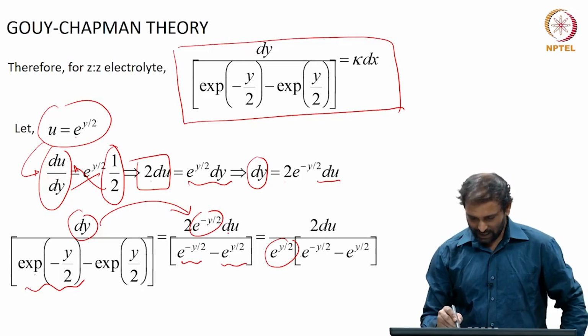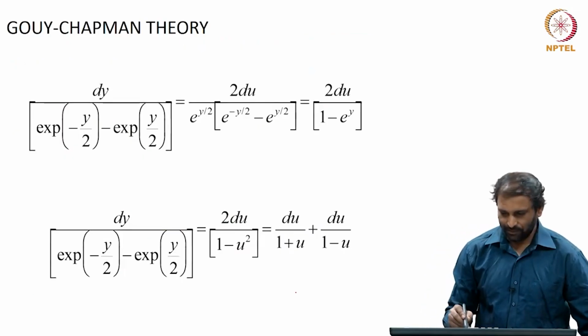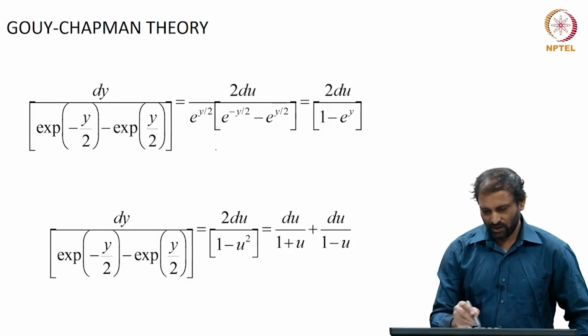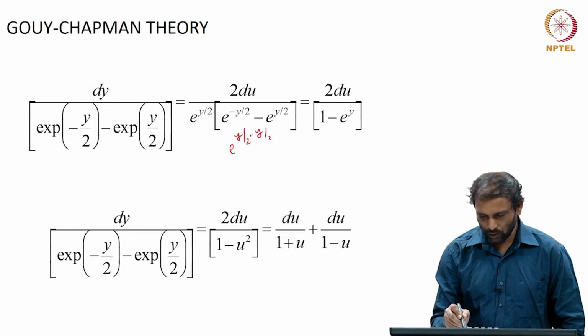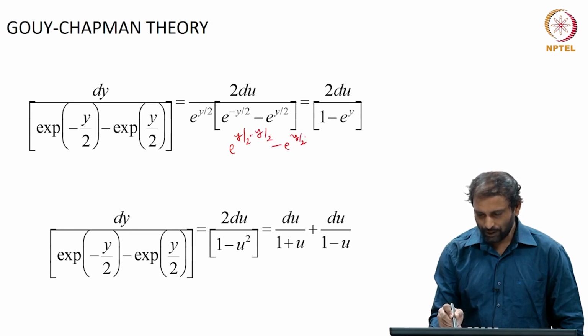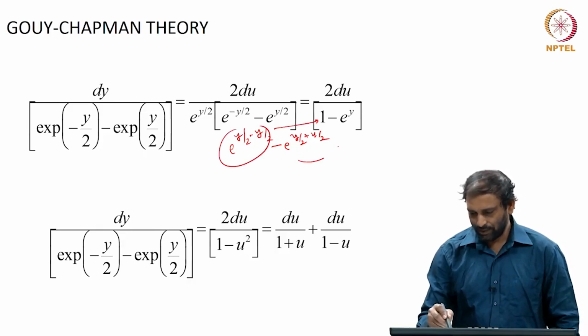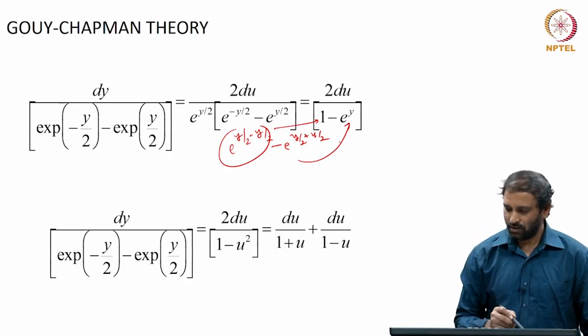If I take e power y by 2 inside the parenthesis, I essentially have e power y by 2 minus y by 2 minus e power y by 2 plus y by 2. So this becomes 1, and e power y by 2 plus y by 2 essentially is e power y itself.